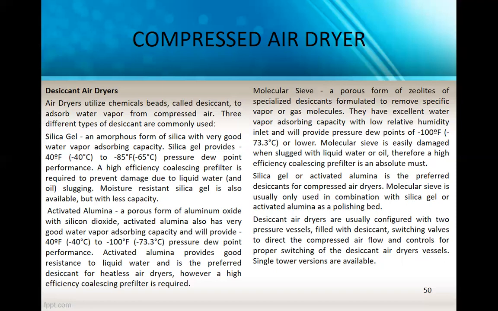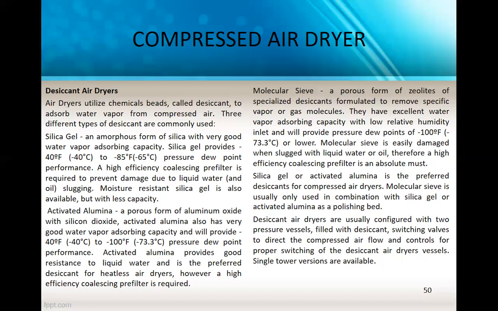Silica gel provides 40 Fahrenheit to -85 pressure dew point performance. A high efficiency coalescing pre-filter is required to prevent damage due to liquid water and oil slugging. Moisture resistant silica gel is also available but with less capacity.